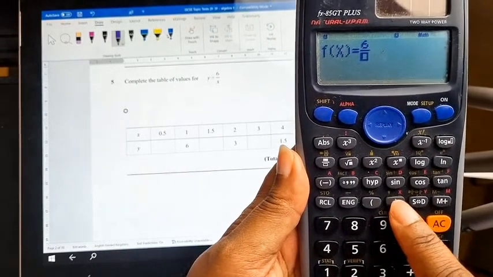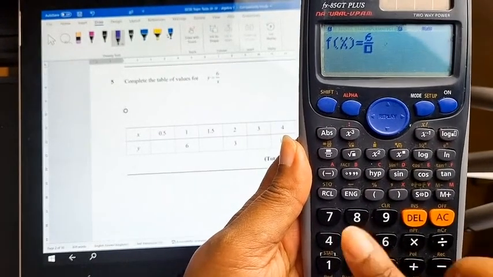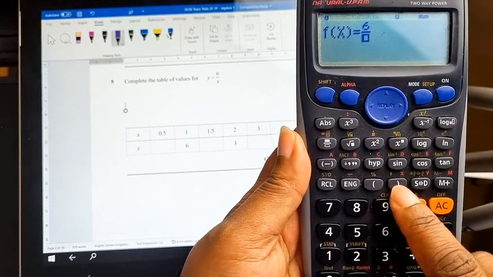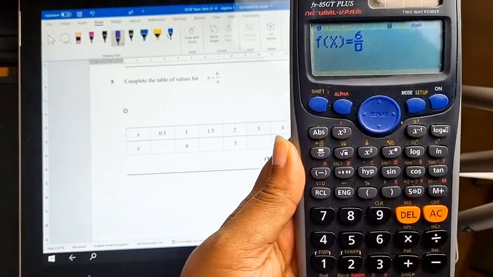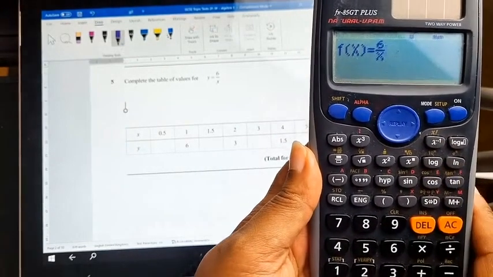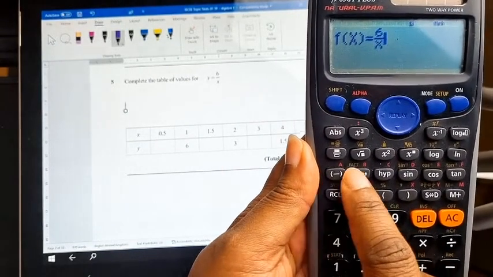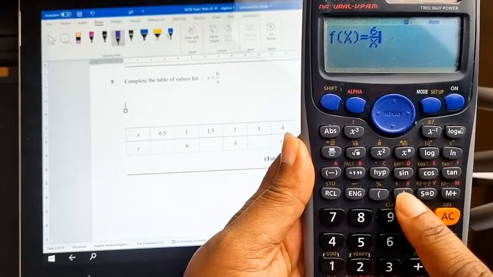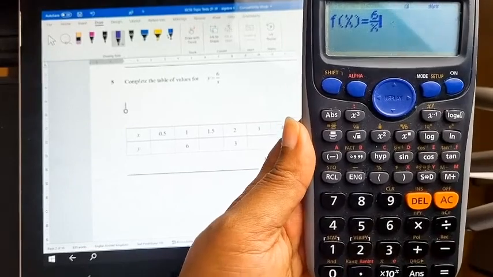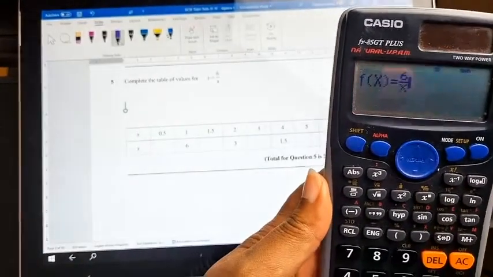Alpha, and the x is where my fraction is. If you have a new calculator, it might be elsewhere, but if you have this Casio, it's there. And you can see now you have the x value there. This is how you type the letters. You might see you have A, B, C, D, E, F, X, Y, and M. Those are really important letters to understand how to do it.